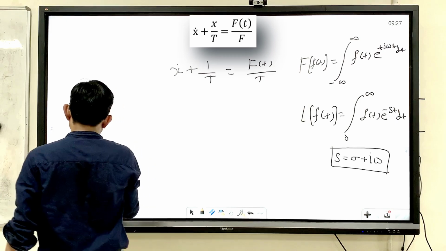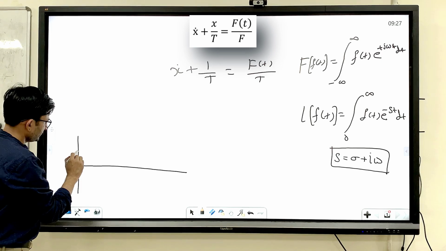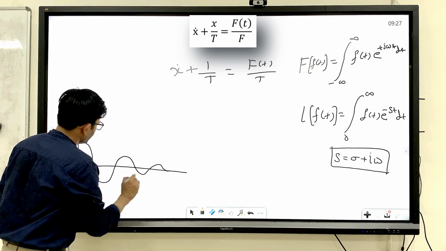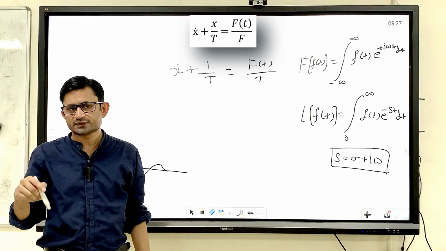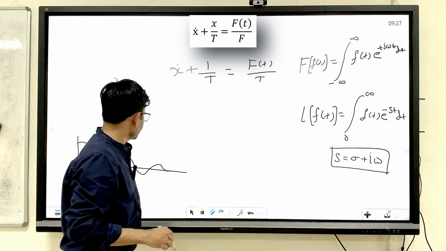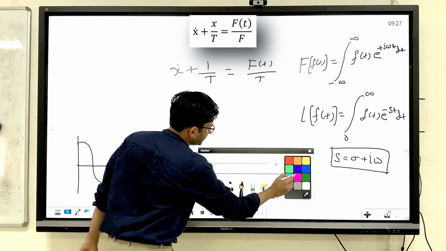Why s has both a real part and an imaginary part, in detail I will tell you later. But here you can see, if you have a system response like this, it is oscillatory. The oscillation is coming because of the imaginary part, and you have some kind of exponential decay, right?